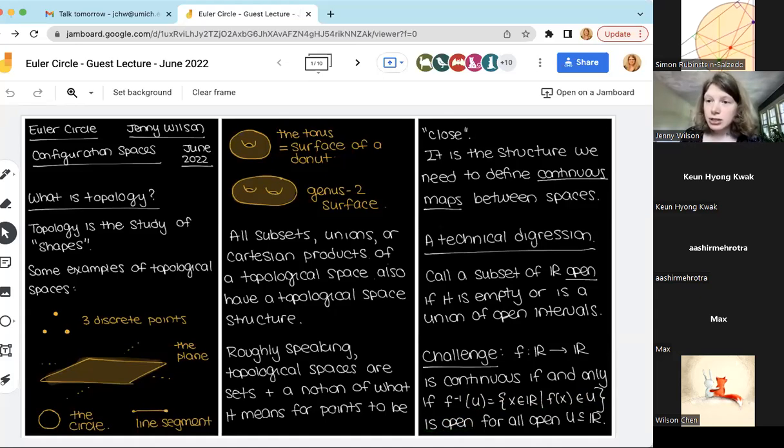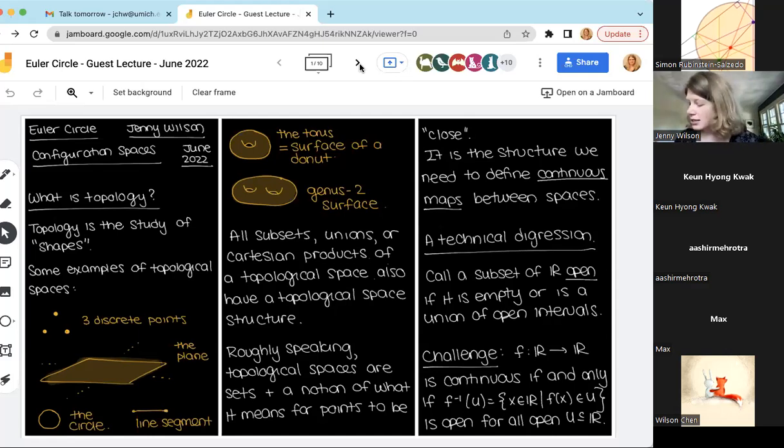And so it turns out that this concept of what it means for a function to be continuous is completely characterized by the function's behavior with respect to open subsets. And so in order to generalize the idea of continuity to an arbitrary set, what we need, it turns out, is a notion of open subsets.